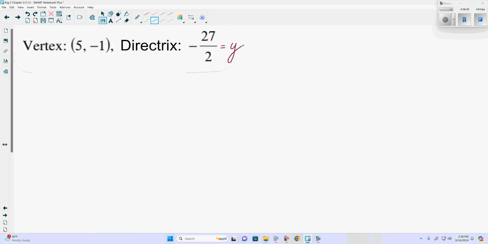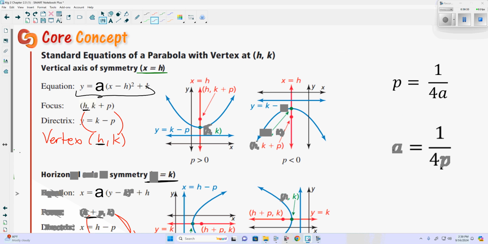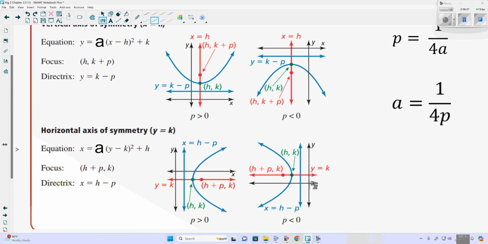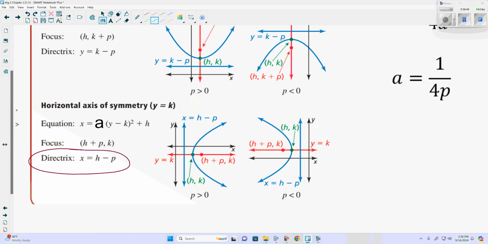Now, as I've said so far, we keep referring back to the general form each and every time, yes? I'm going to come back to this here. If I look at x equals, its directrix is what? X equals h minus p, yes? Is that what we have? Well, no, we don't have x equals, we have what?